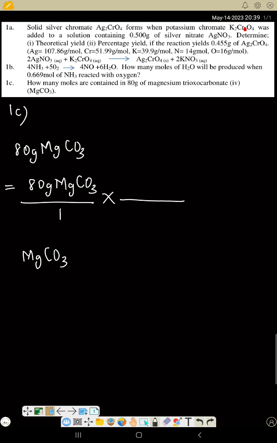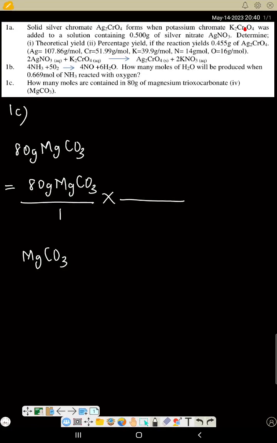So what is the atomic mass for magnesium? It is not given in the question. Carbon is 12, oxygen is 16, but we should be sure, so let me confirm the atomic mass for magnesium, since it's not given in the question.